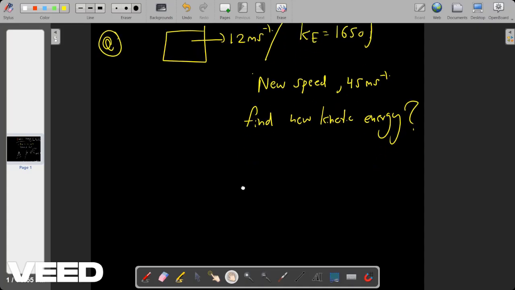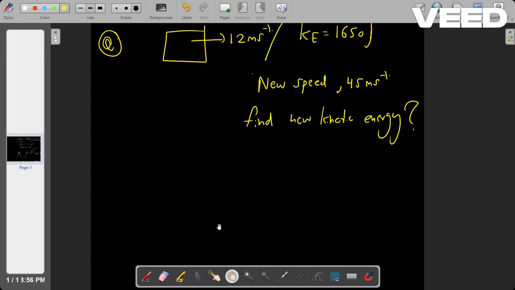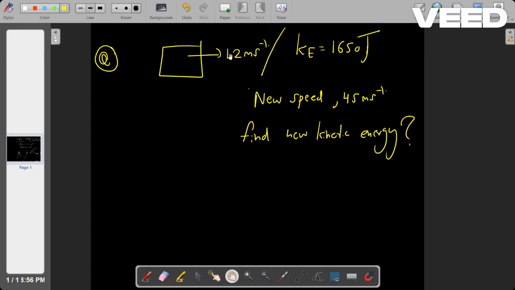Let's look at it. So we just have to find the mass. Now here the catch is to find the mass. To find the mass, you can use the previous kinetic energy.